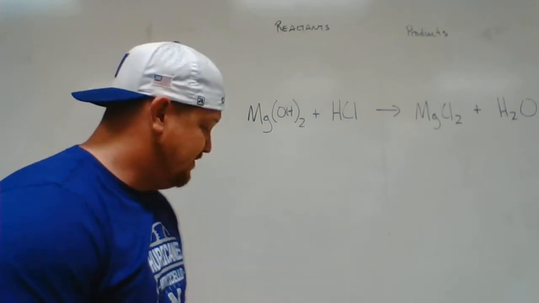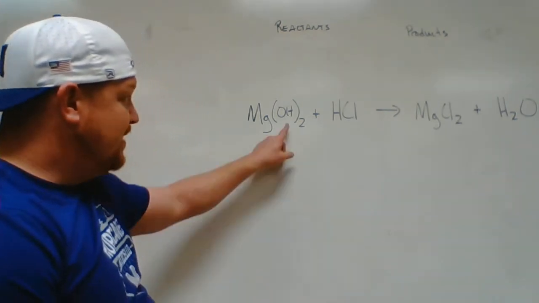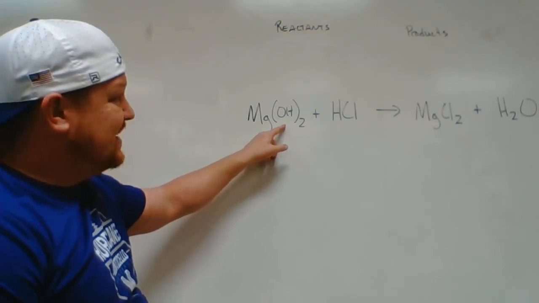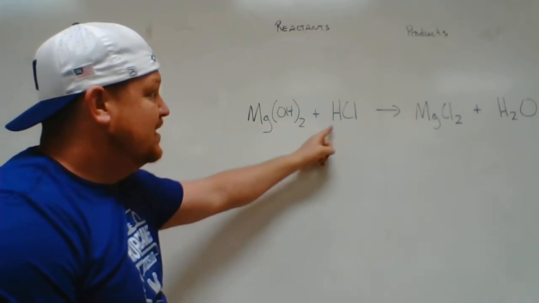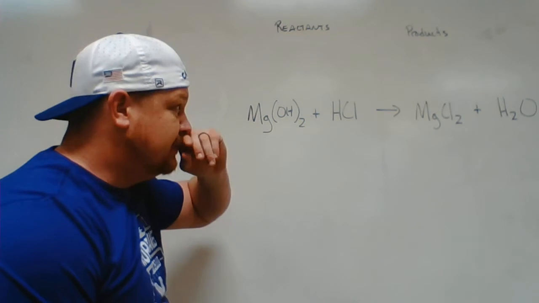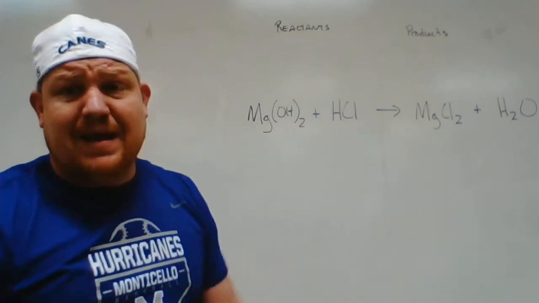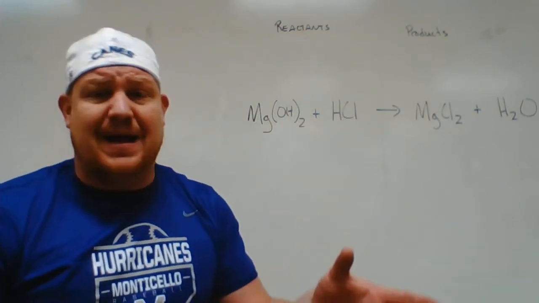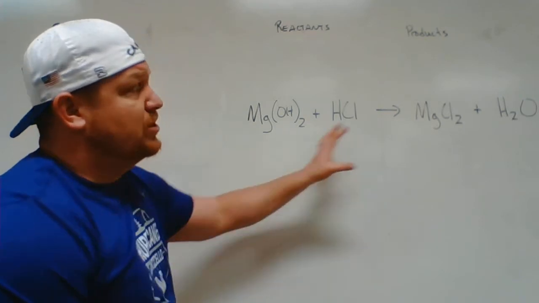You don't really need to know that, but if you remember from last unit, we have the OH in the compound, the hydroxide with a metal, so that's a base. And this is hydrochloric acid with the H right here up front. So we can balance this out, but if you want to do that, check the video on balancing. Just want to show you one with 4.